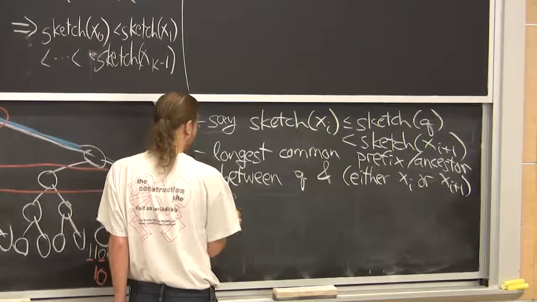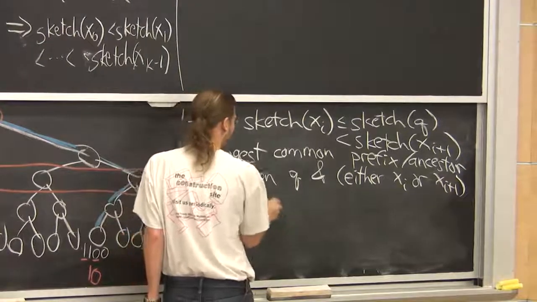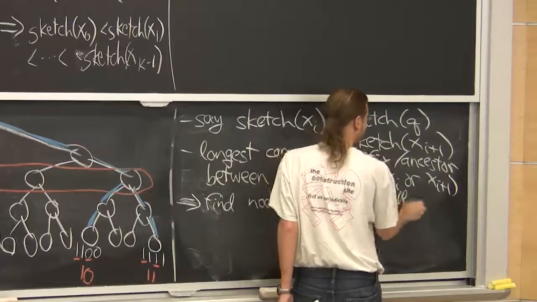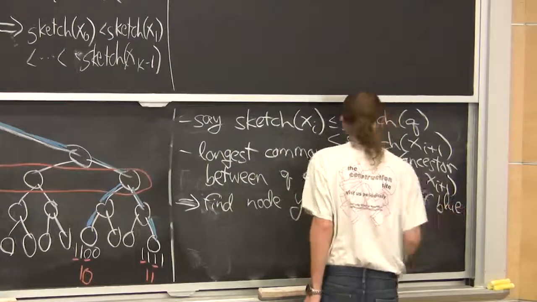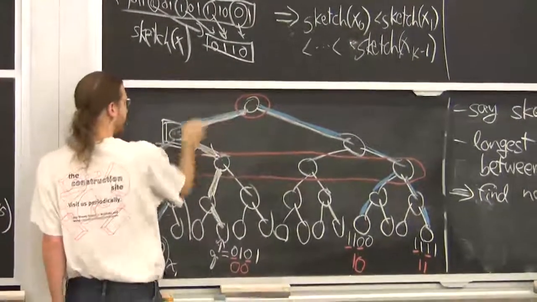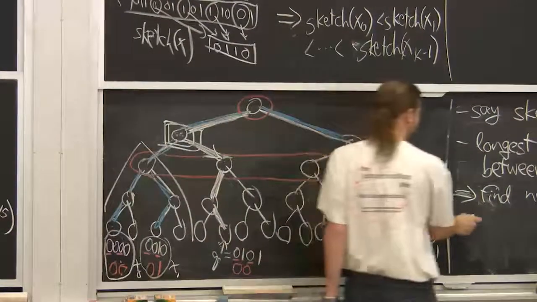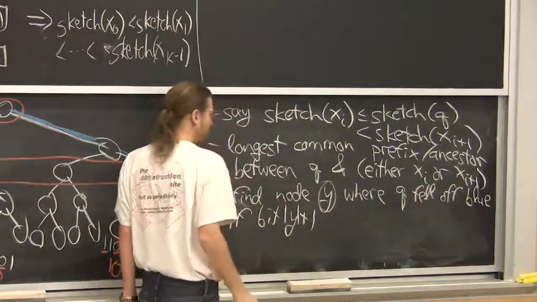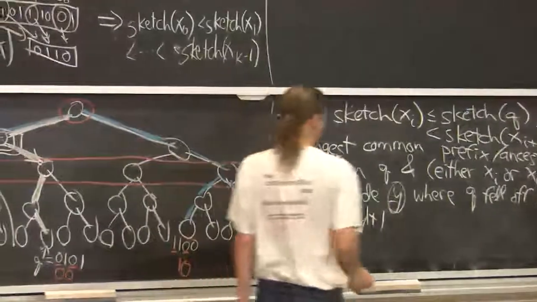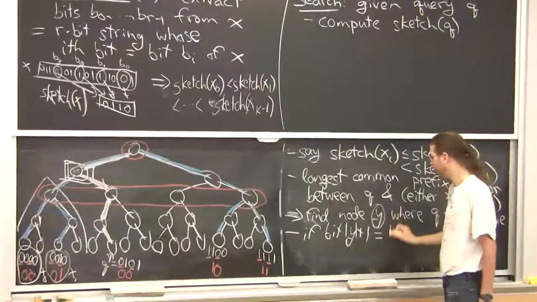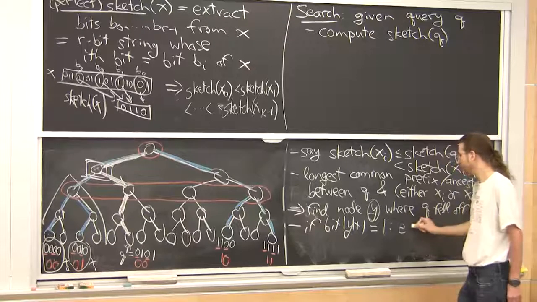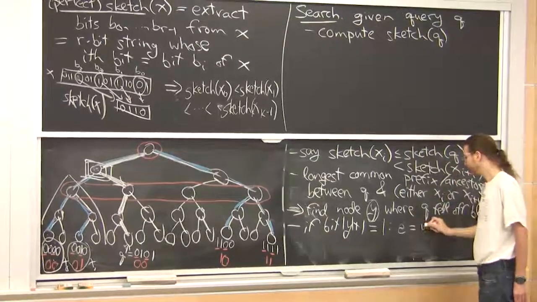So let me write this: find the node y where Q fell off the blue tree. So this node y we can think of as a bit number. Here the leftmost bit was still on, but then the next bit was off. And so we look at, I'll call that bit, size of y plus 1. If that bit equals 1, that's the picture we have, then what I'm going to do is set a new quantity e, which is a new word.